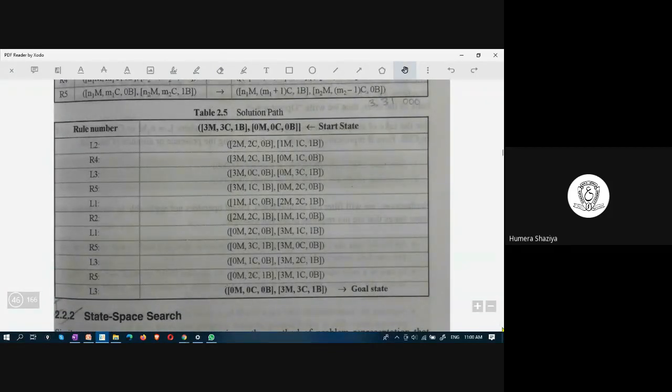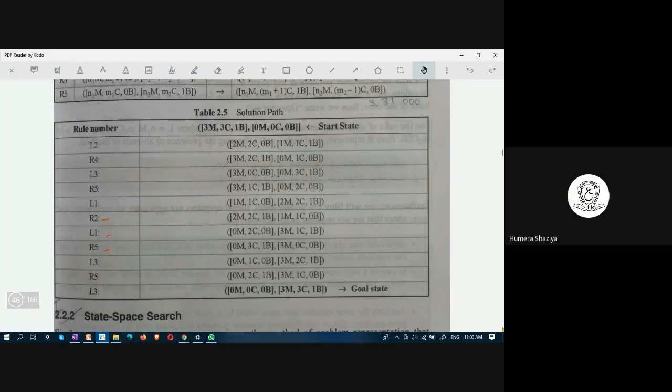So after R2, 1 missionary, 1 cannibal you took, right? And then from right to left, you are applying L1. L1 means you are taking 2 missionaries. R5 means you're taking 1 cannibal.